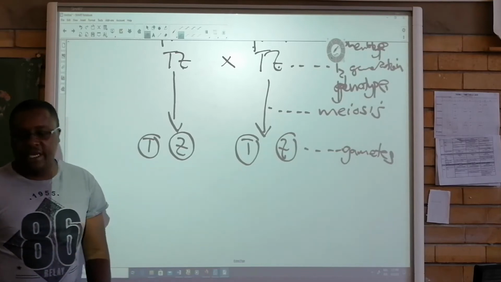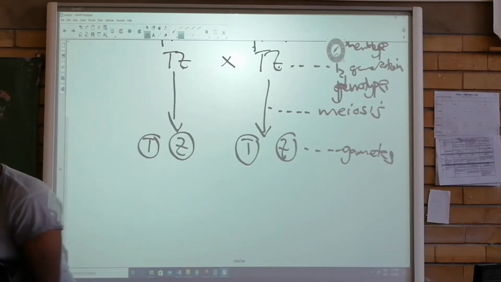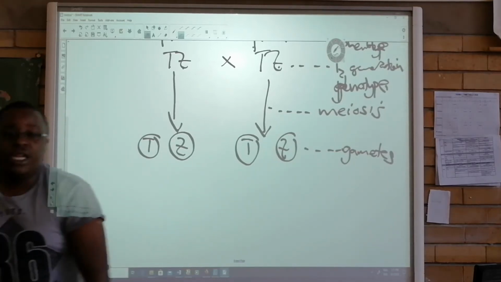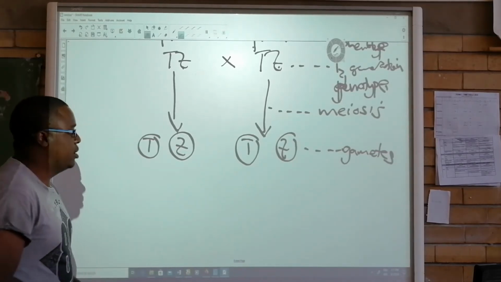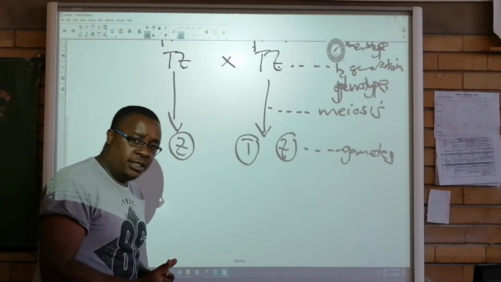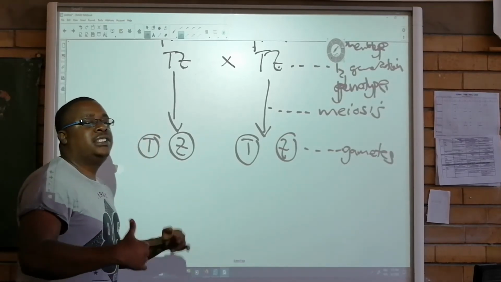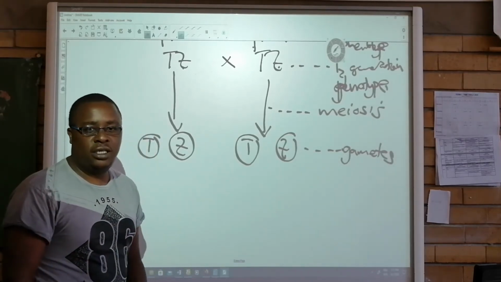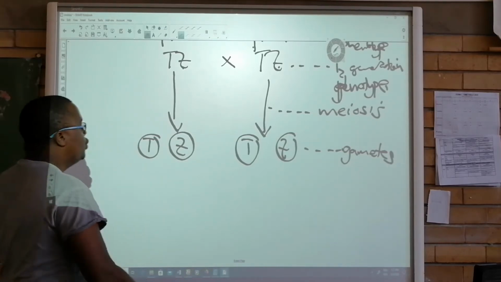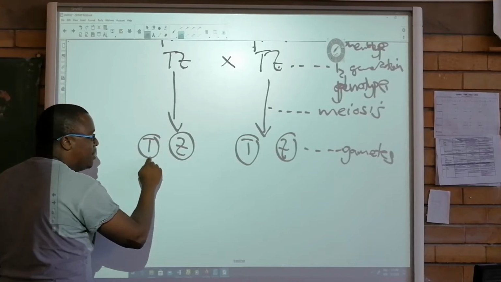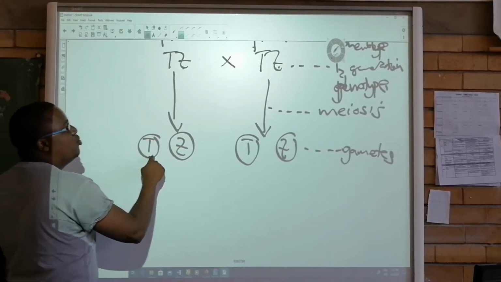Now, here, pay attention, because you kids, you love to complicate things that don't have to be complicated. Walk with me. Remember the previous lesson. Start with one gamete and finish all the possible combinations of that gamete. So if I start with this one here, this gamete has the ability to fuse with what?